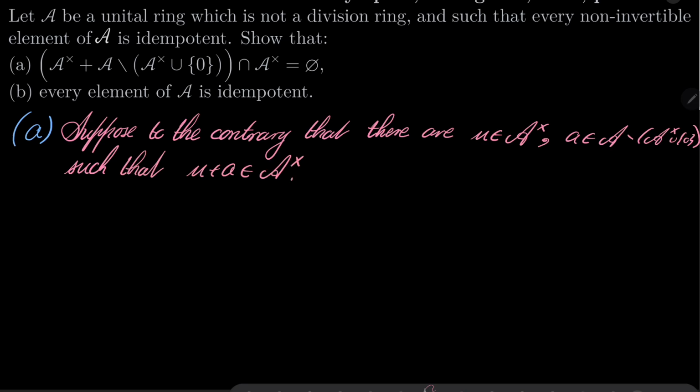We will show that it is impossible, so if we intersect elements of the form u plus a with the set of invertible elements, we get the empty set.